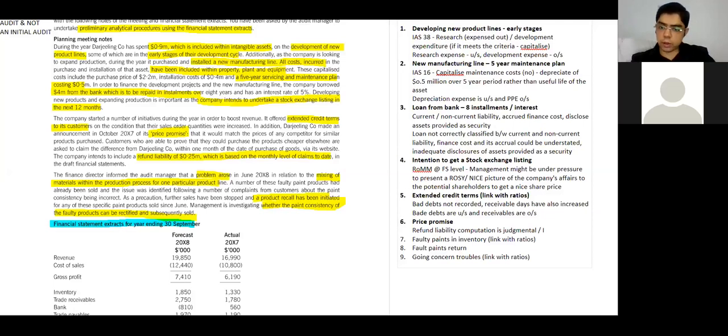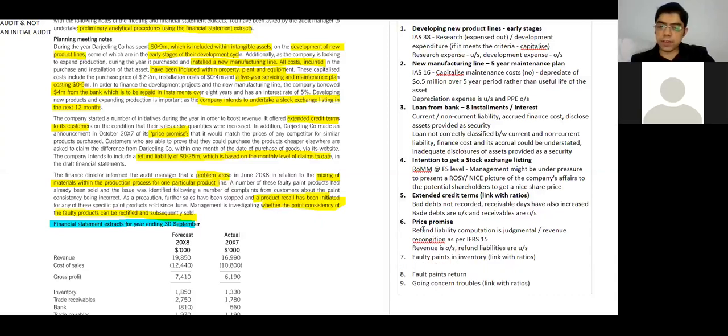There could be issues in revenue recognition as per IFRS 15. So if that's the case, then maybe your revenue is overstated, your refund liabilities are maybe understated.